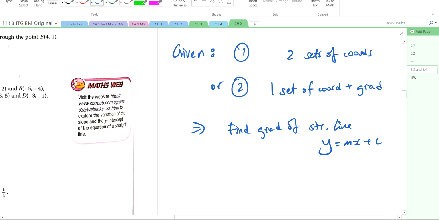Take note that this 1 set of coordinates can be x-intercept or y-intercept as well, just like your two sets of coordinates over here. Can?